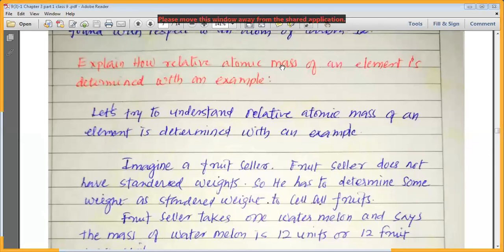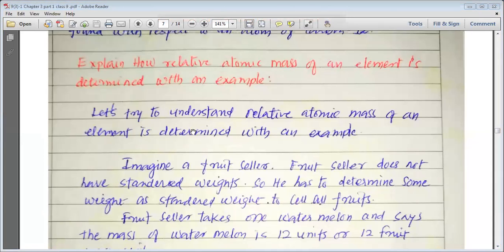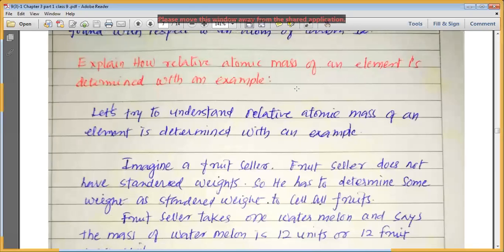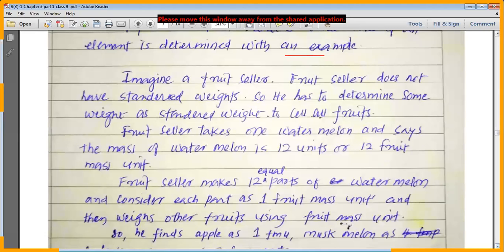So explain how relative atomic mass of an element is determined. Let us try to understand the relative atomic mass of an atom with one important example. We have started studying this example and we have discussed it.